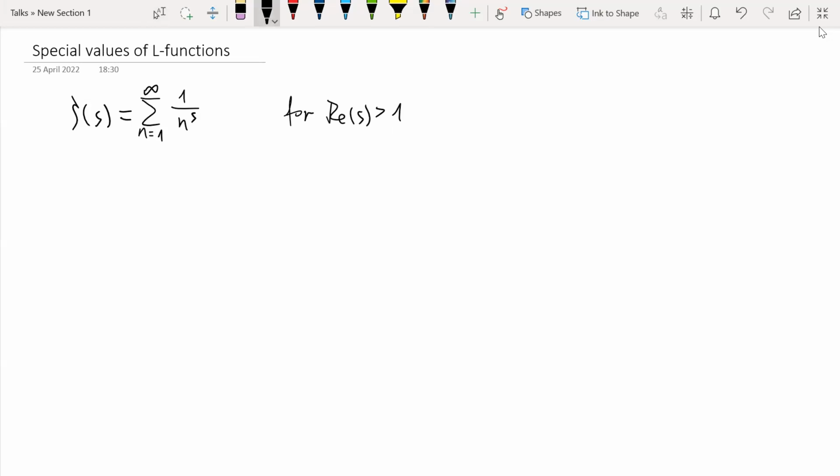And the reason for that, something which connects the prime numbers to the analytic world, is the fact we can rewrite this function as a product over primes. Such a product, the product over p, will always be over prime numbers. And the factors are 1 minus 1 over p to the s, to the power of minus 1, again in this range here. This you can see by expanding this as a geometric series and then multiplying out the product.